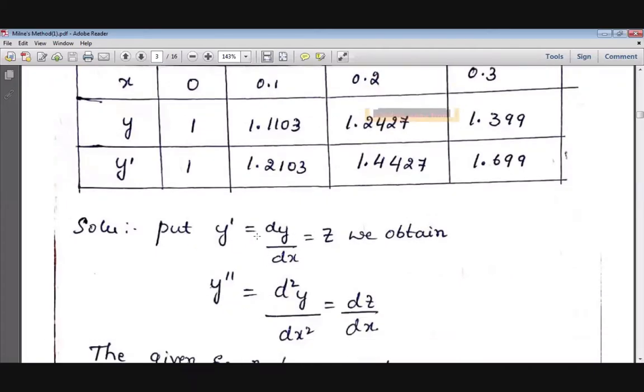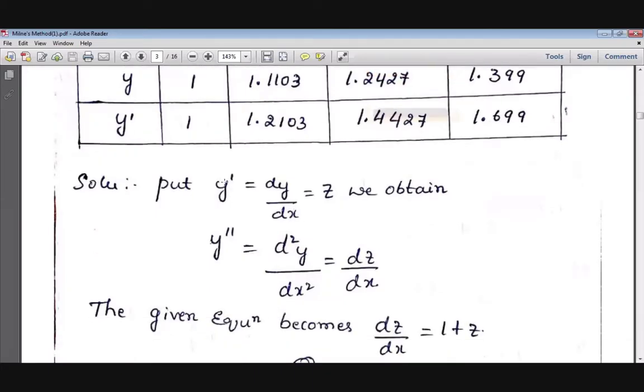First thing is put y dash, or dy by dx, equal to z. I told you in the Runge-Kutta method also, y dash, that is dy by dx, will be recorded as z only. In all the problems dy by dx we will take as z. That becomes the first function. Then y double dash: differentiate this with respect to x. D square y by dx square is equal to dz by dx.